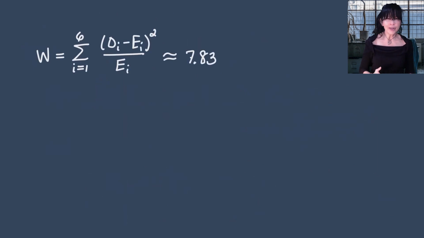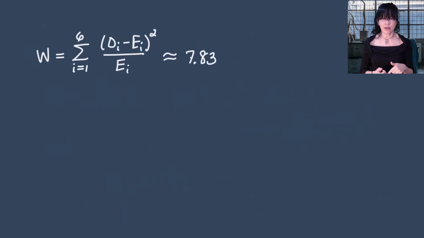Is this large? If it's too large, then we think that what we're observing is too far away from what is to be expected, assuming independence of these values. This random variable here, we're actually observing it, so this is not a random quantity, but this random variable before being observed is known to have a chi-squared distribution with 5 degrees of freedom.